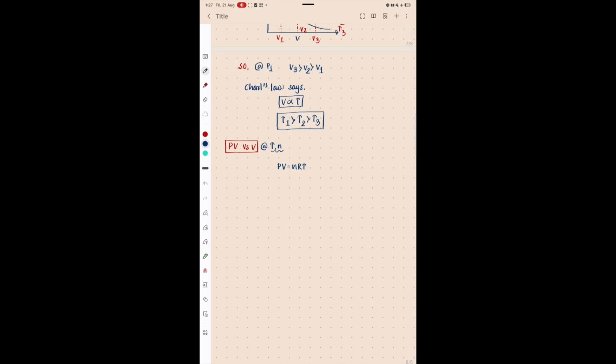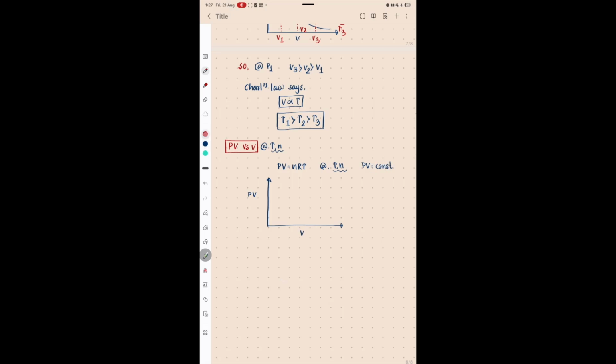So now can you plot this? Now let's see. So the graph is PV versus V, right? So at constant T and N, PV is equal to constant.